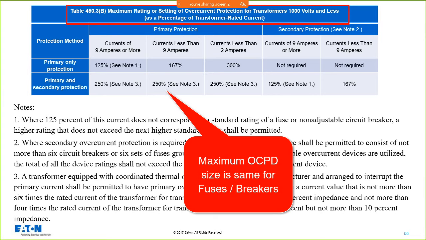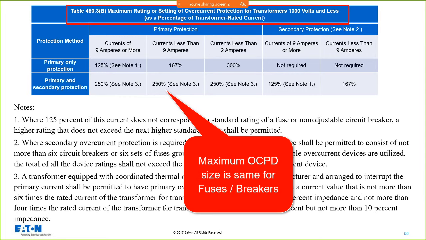But 250% is my maximum, and you'll note that I don't have note 1 associated with that 250%. Note 1 lets me go to a higher rating, but I'm not allowed to do that on a 250% when I'm using that maximum. So we're gonna talk about the largest overcurrent device I can possibly put on that transformer.